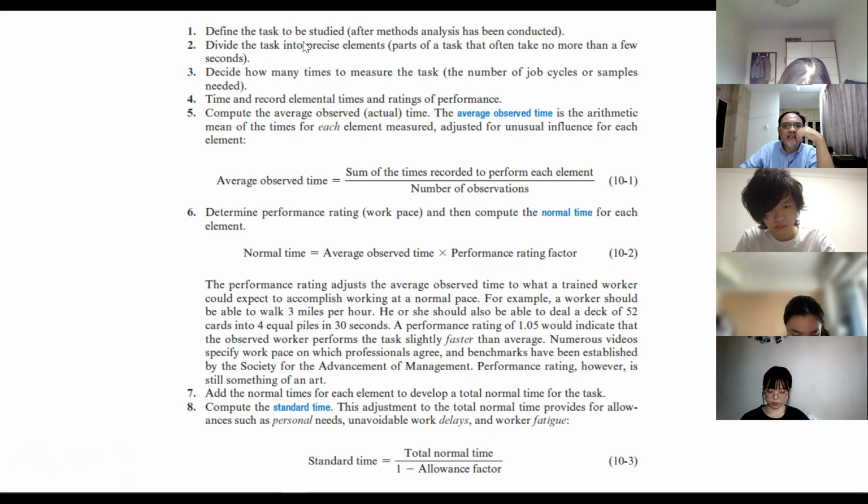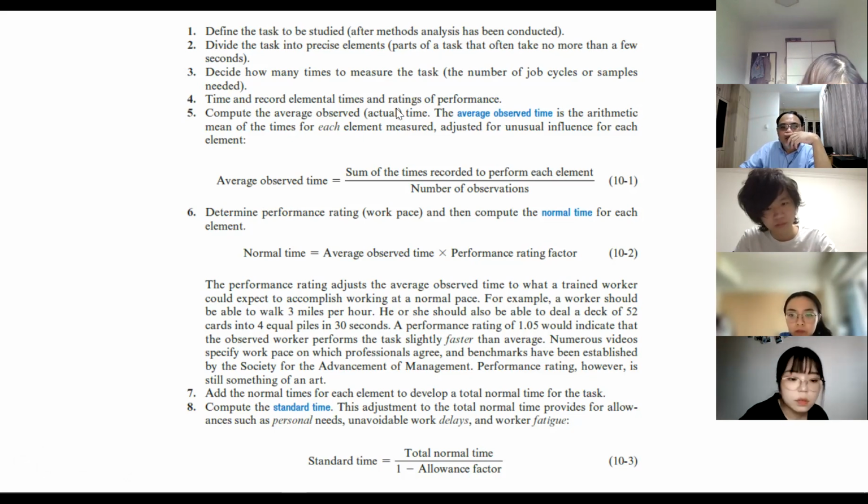Then you want to divide the task. What do you mean by divide the task? Number 2, divide the task into precise elements.